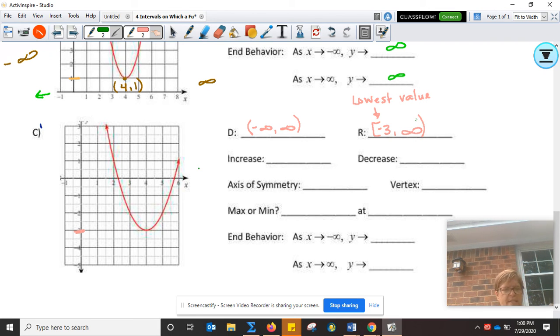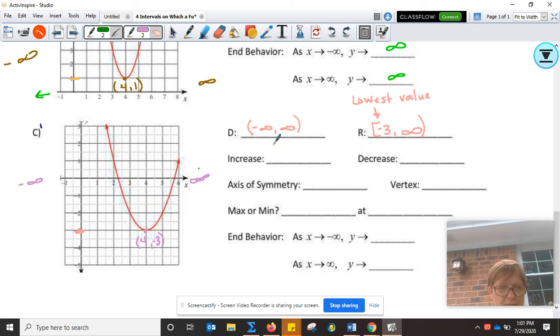Okay, increasing. Where's it increasing? Look at your graph from left to right. Where do your eyes go up? Okay, so remember, here's negative infinity, here's infinity, and our eyes start to go up at (4, negative 3). Okay, so at (4, negative 3), that's where we start to increase.